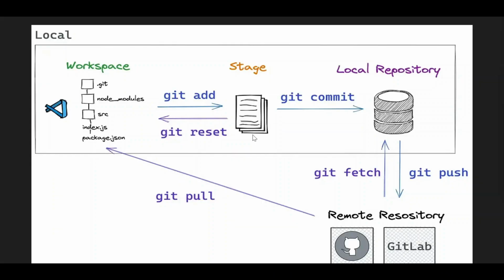So this is how our local and remote repository look. In the local repository, in our VS Code on the local computer, we do the development. After that, we add into staging, and then we commit into our local repository. Once it is committed into the local repository, we push those changes into the remote repository by using git push and git fetch.